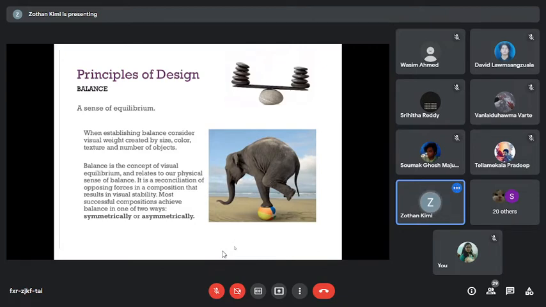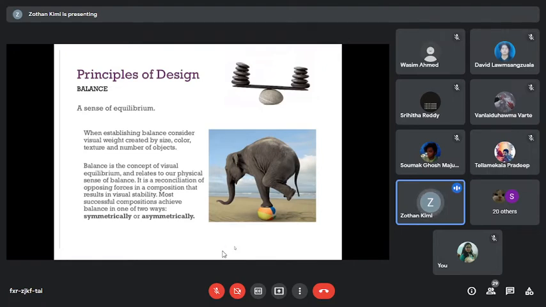That is a psychological aspect. And even by size, whatever is larger, naturally we assume that it is heavier than something which is smaller.